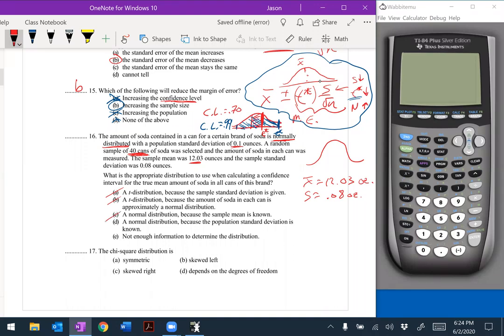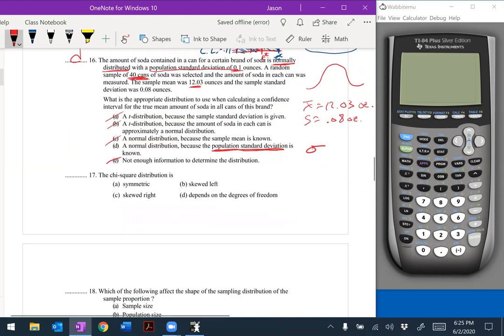Is it a normal distribution because the population standard deviation is known? Yes, that is true. The only way you can get the population standard deviation, sigma, is to know the population. Here they're telling us it's normally distributed with a population standard deviation. So since those two correlate, we're going to go with D on that one. Oops, not B, dyslexic. Okay, D.